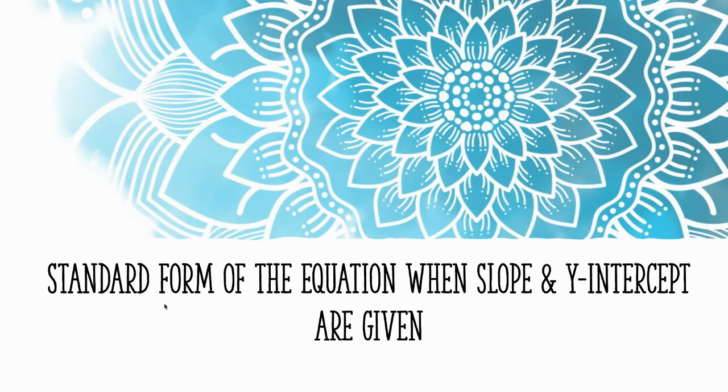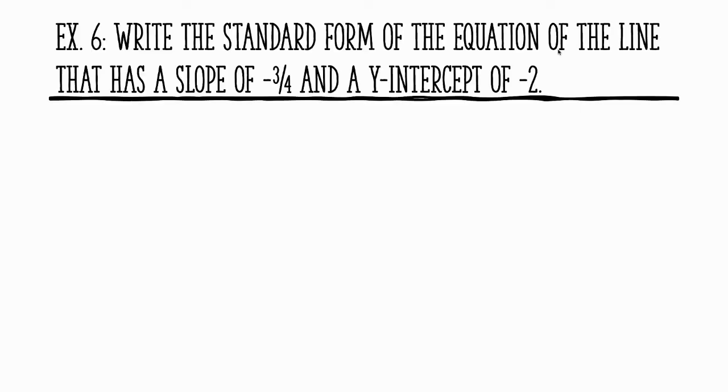Okay, now I want to talk to you about how to write the standard form of the equation when you are given the slope and y-intercept. So let's look at example 6. Write the standard form of the equation of the line that has a slope of -3/4 and a y-intercept of -2.